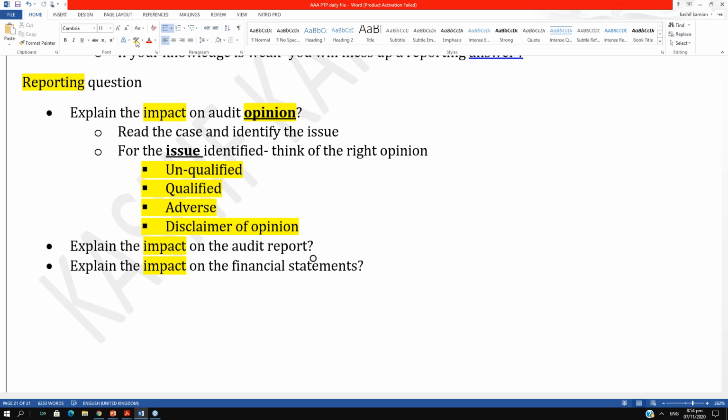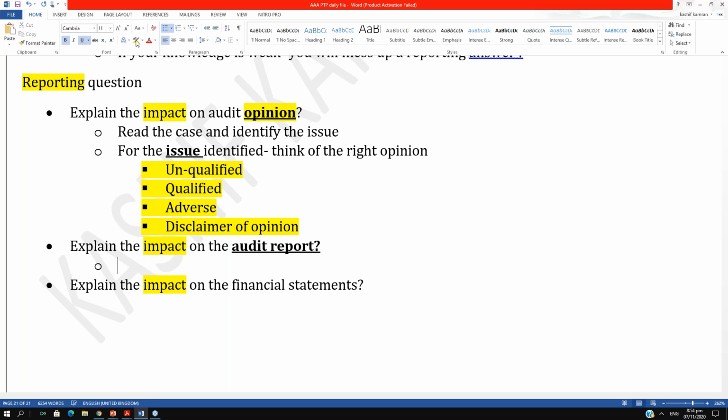Now look at the second requirement. The second requirement says, explain the impact on the audit report. Now, do you believe audit report is a broader word than audit opinion? Audit report is a broader terminology than audit opinion.